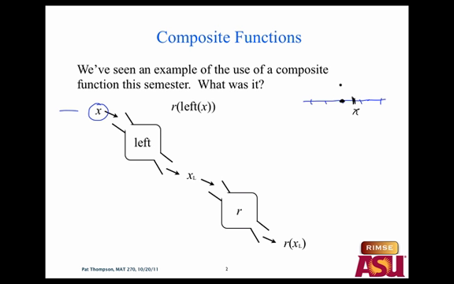So whatever the rate is at that point is r of left of x. So this y value, we've got a rate function here. The y value of the rate function at the left side is r of left of x.